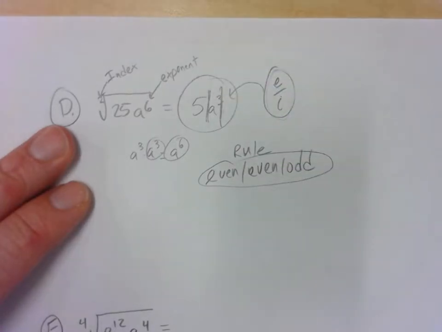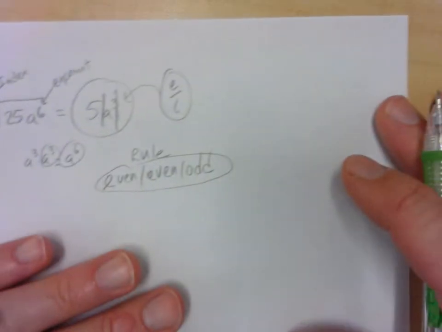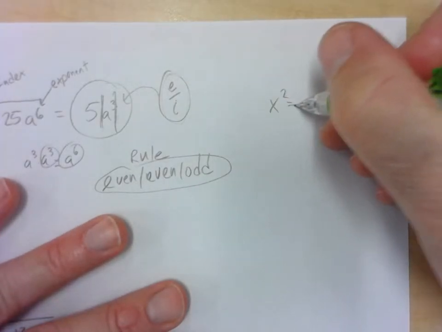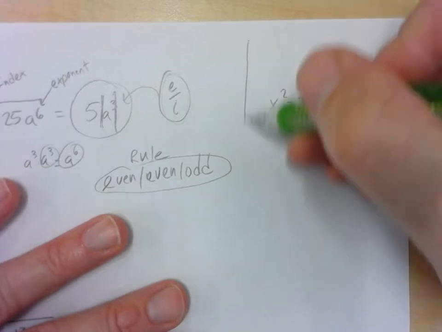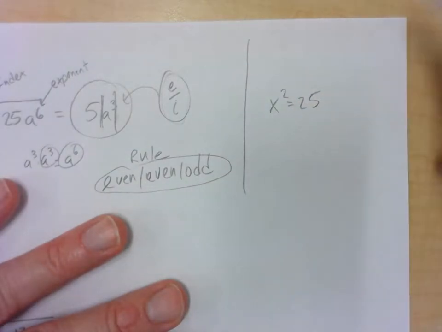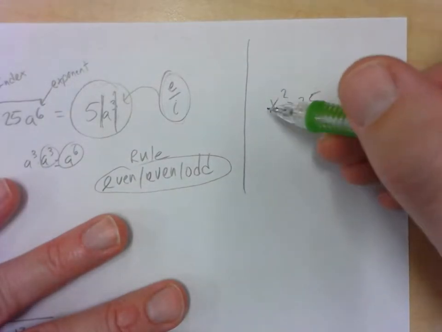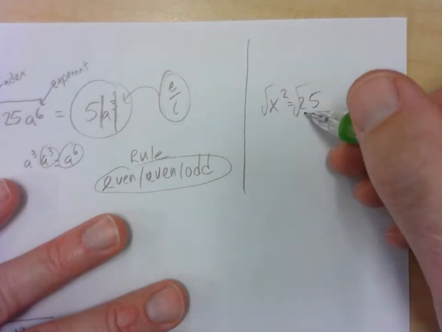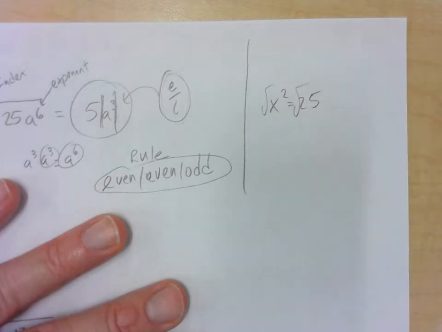So that seems really weird, but we've kind of been doing this the whole time. When you have x squared equals 25, this is an aside, how do you solve this? Well, you take the square root of each side of the equation. And I keep saying, hey, you need to not forget the plus or minus.